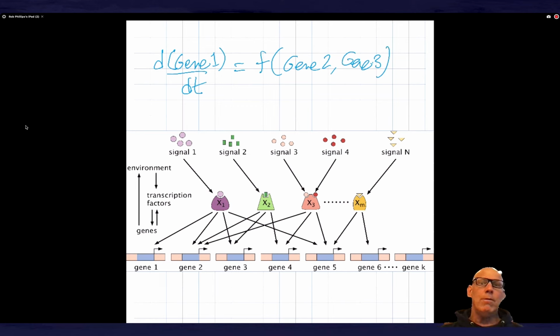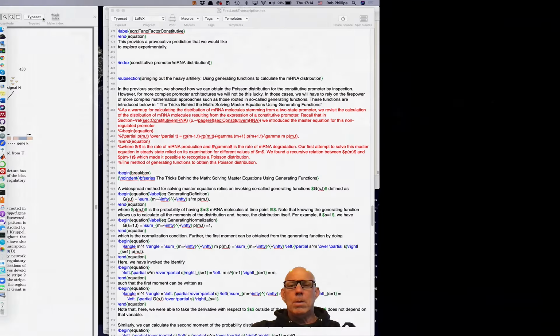One is it will be very instructive in thinking about gene regulation itself, and that in itself is a useful thing for us to contemplate from a biophysical perspective. But also it will give us an opportunity to continue to expand our toolkit and our facility with the application of these rate equation approaches. So that's what we have on tap.